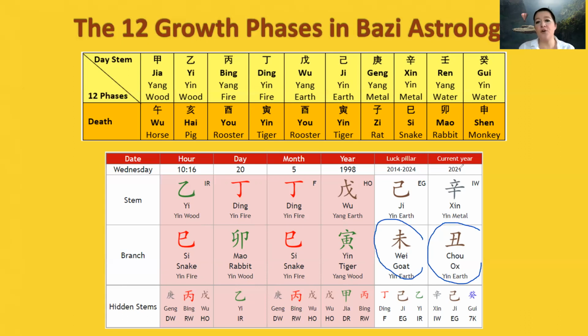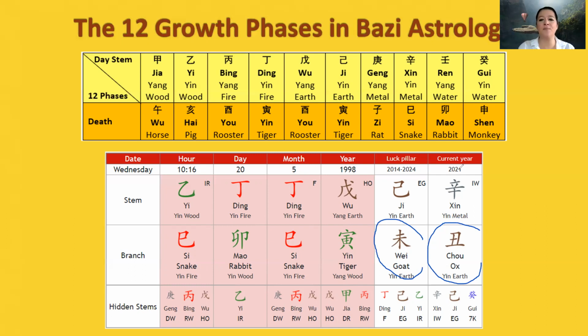Also, if you're going through a death phase, luck pillar, current year, you have a tendency to be very, very stubborn and don't listen to advice. So you need to be much, much more open to other people's input and other people's opinions, because if you are not, you are self-sabotaging during that time frame, because you're closing yourself off from any other opinion, any feedback, any constructive criticism, and that can get you in trouble.